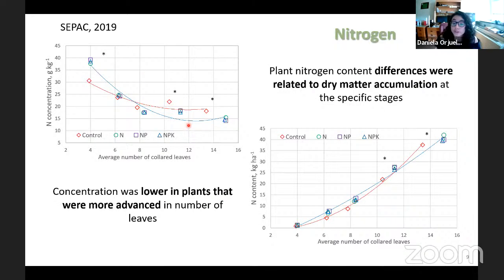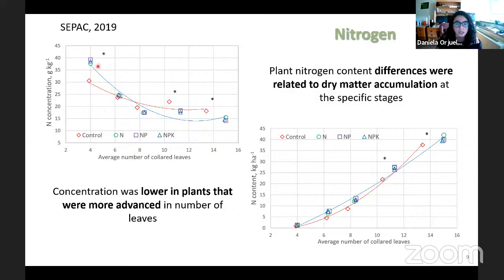In the case of nutrient content and nutrient concentration, I'm going to present only the data of CPAC because of time, but the data behave similarly between the two fields. So we want to know how the concentration differs between the treatments, knowing that we were adding nitrogen or phosphorus or potassium to different treatments.